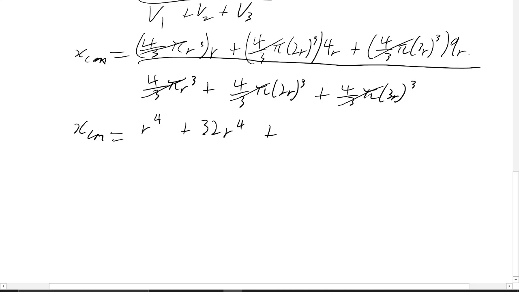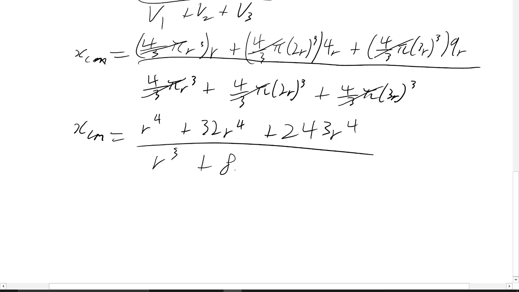So 3 to the 3 is 27 times 3 is 81. 81 times 3 is 162 plus 81, 243. So this is 243 r to the 4. Then divide by r cubed plus 8. Oh, yeah. So plus 2 cubed is 8 times r cubed plus 3 cubed is 27. Oh, whoops. 27 r cubed.